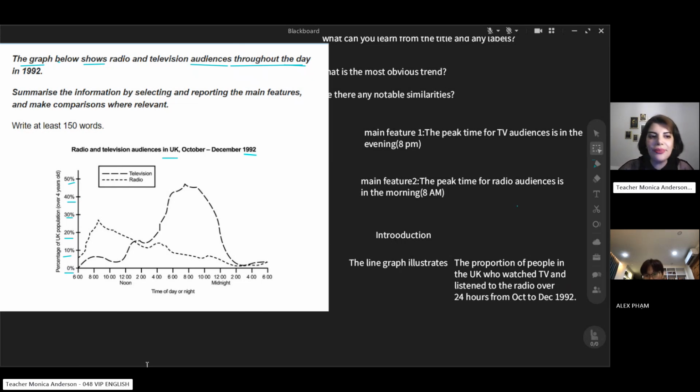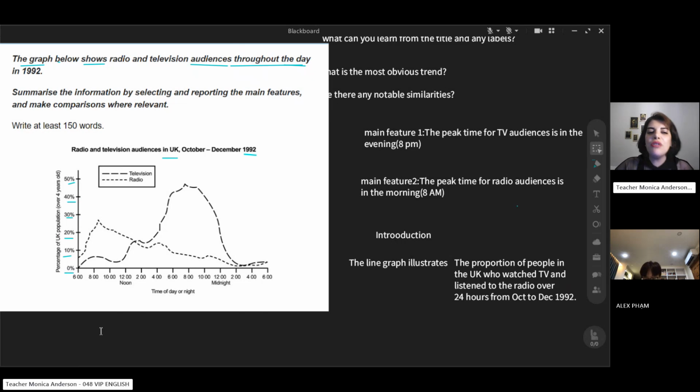Is it clear? So actually, this is all you need to do for the introduction. That's really easy.